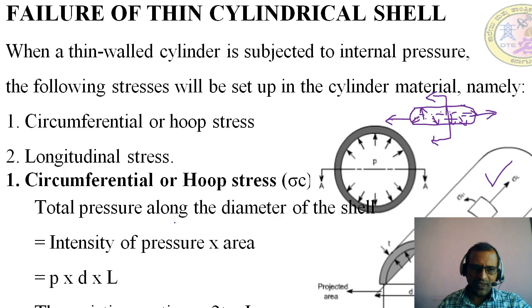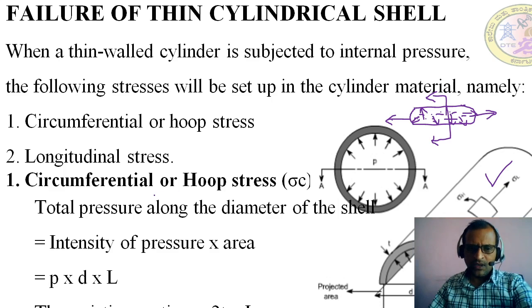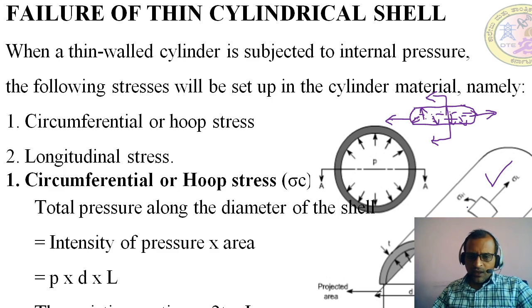So the first one we'll see is circumferential or hoop stress. Circumferential means the total pressure along the diameter of the cell. How much pressure is being put on the diameter of the cell, along the diameter. See, in the second figure I am showing the pressure along the diameter, like this.